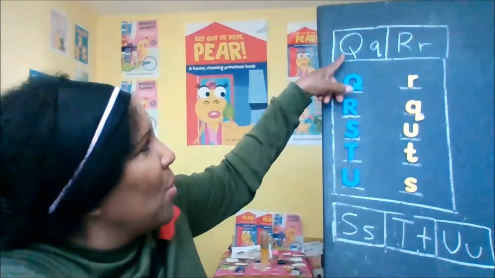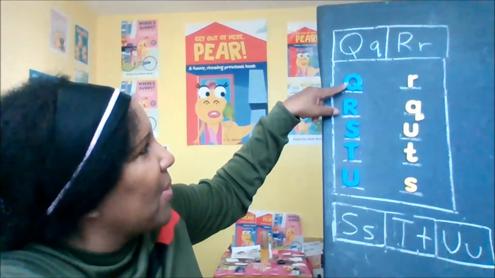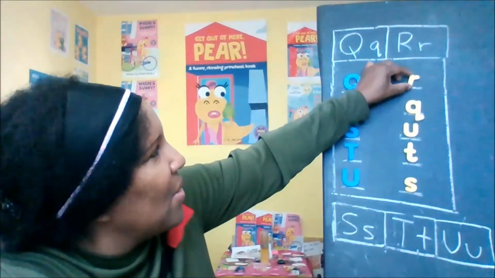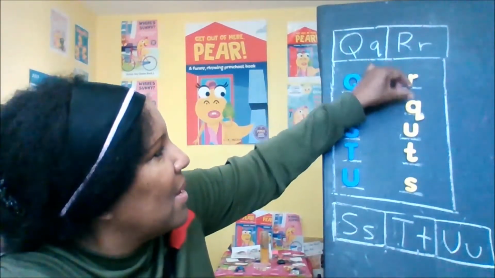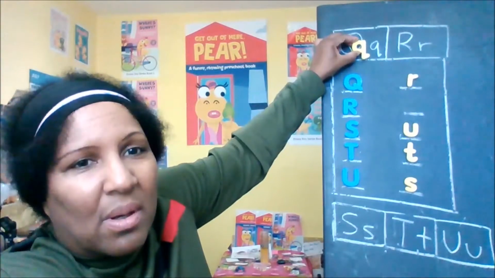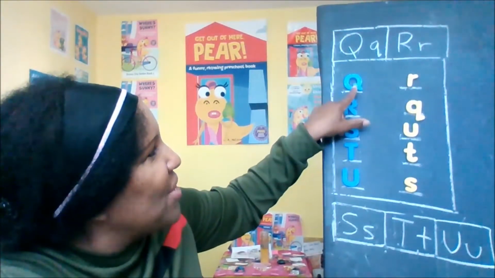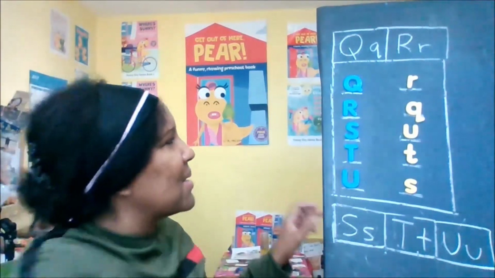So if Q goes with this Q, then this Q must go with, where's the Q that looks like that? Is this Q? Are those the same letter? No. Is this Q? Yes, that's the one. So we're going to match this Q to that Q together in the box.